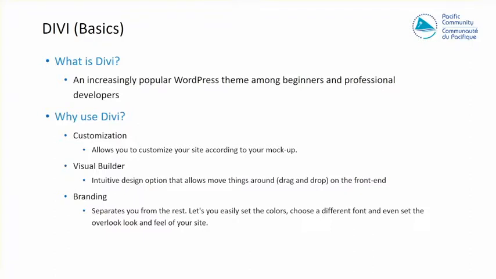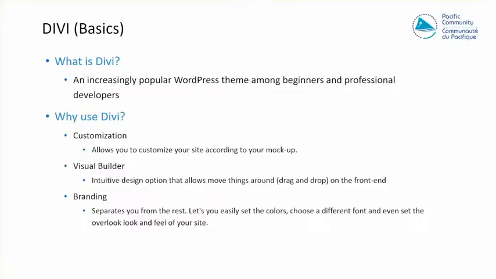This is one of the points that I think Divi helps a lot with, is the branding. Now, Divi has a lot of settings and a lot of options that you could actually use. One of the things that it lets you do is give your site a branding that actually looks different from other sites. Now, bear in mind that Divi is a theme that comes with a builder, which is the visual builder.